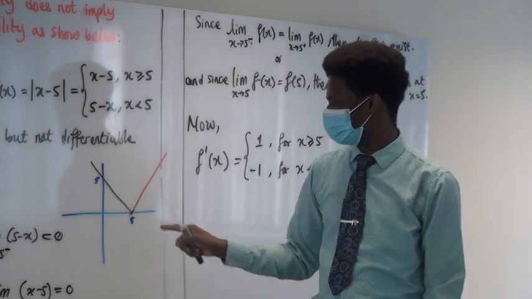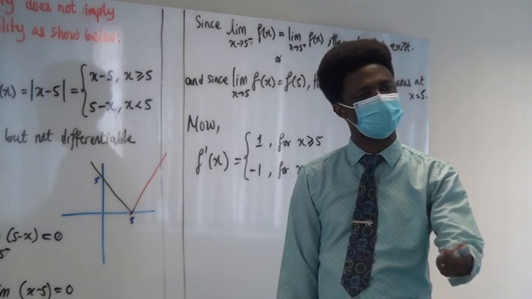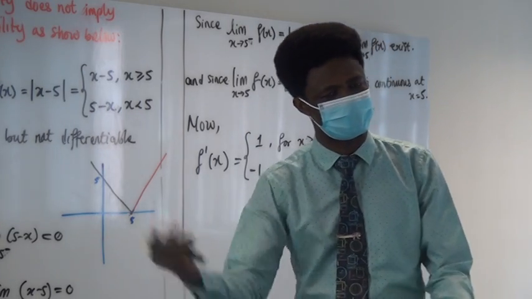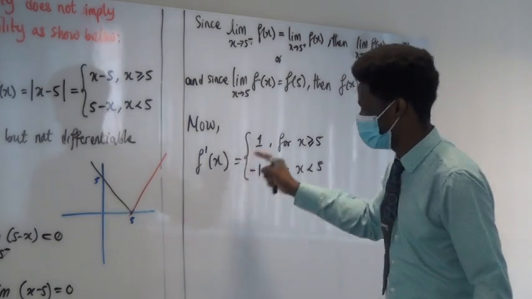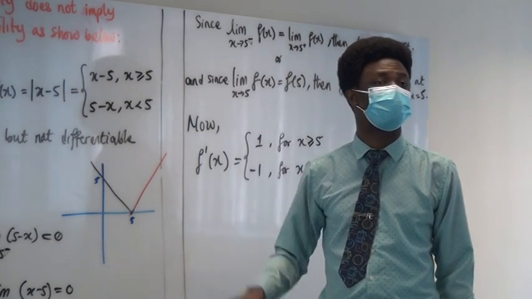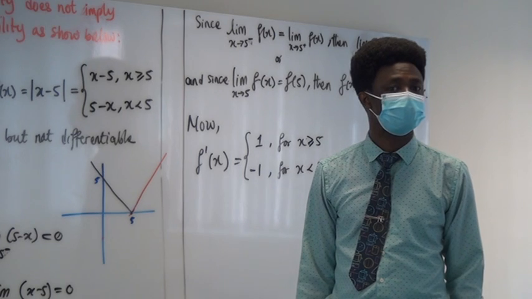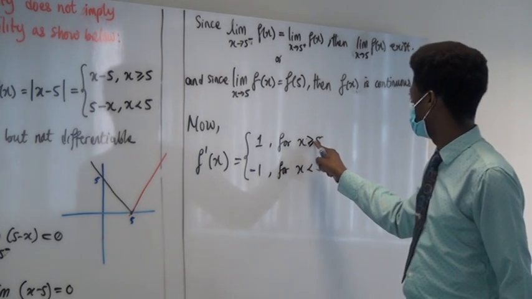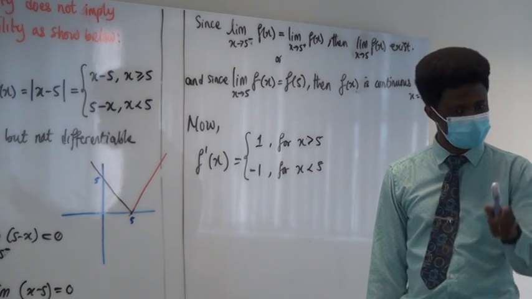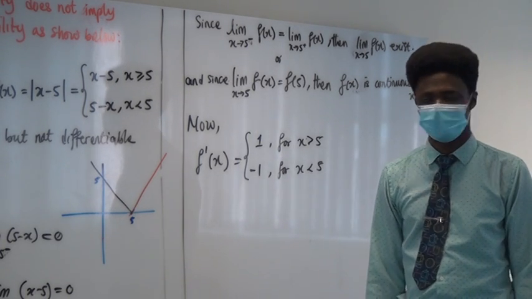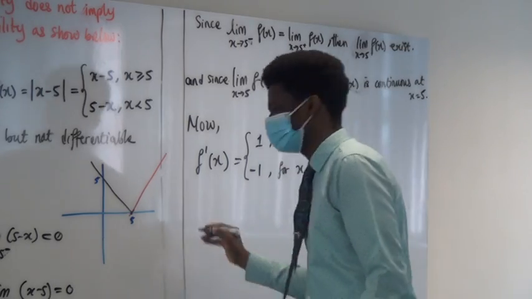So this is like a turning point. Remember, at a turning point, the derivative is always 0 anyway. You've done something like that before. So if you are claiming gradient 1, it doesn't apply to that particular point. Do you understand? So that is why this interval will not be included. And that is where the problem comes. So let's look at the derivative.